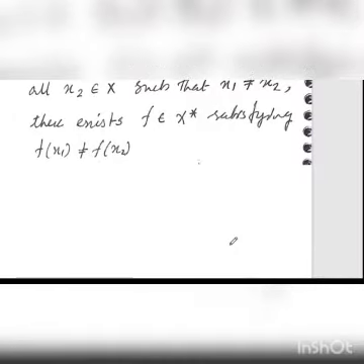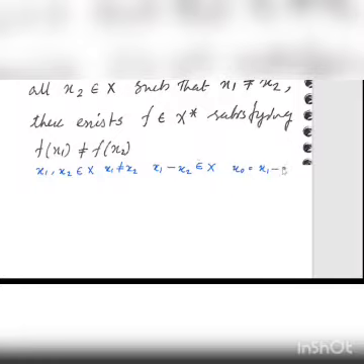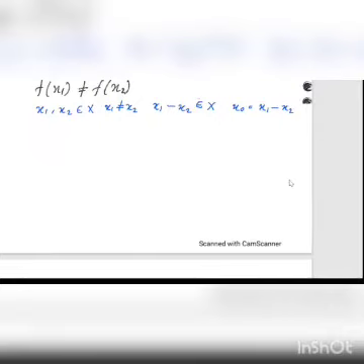Its idea is that given two elements x1 and x2 in x with x1 not equal to x2, there will definitely be a difference, that is x1 minus x2, which belongs to your space x. And we will say that x naught is equal to x1 minus x2. We want to prove that f of x1 is not equal to f of x2 for some f.